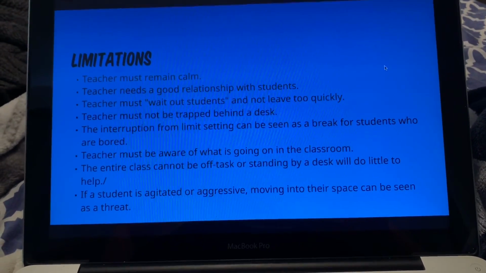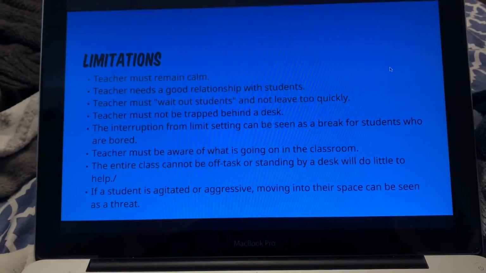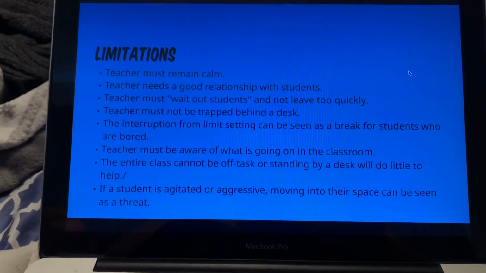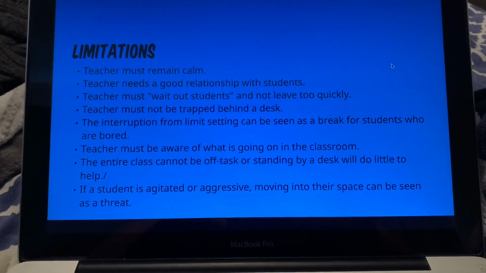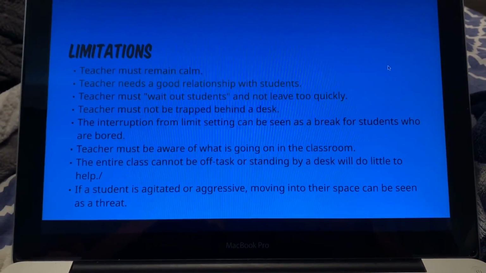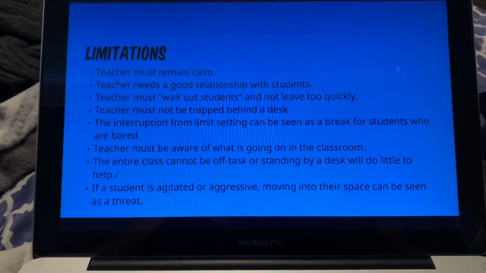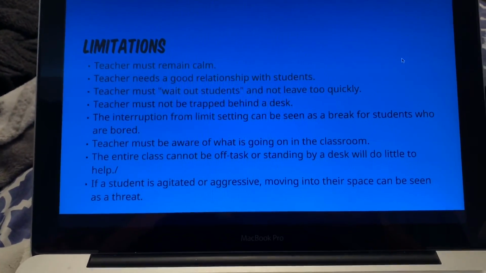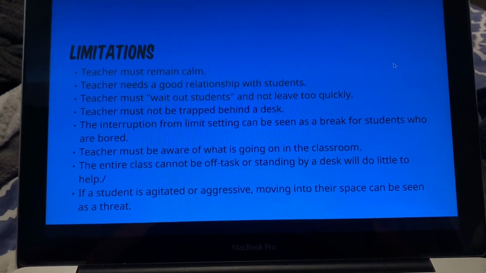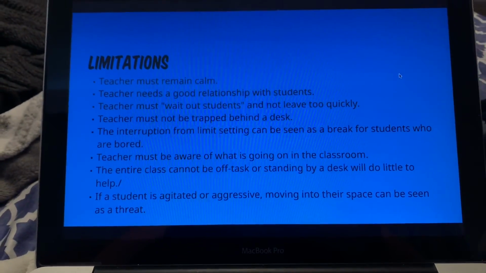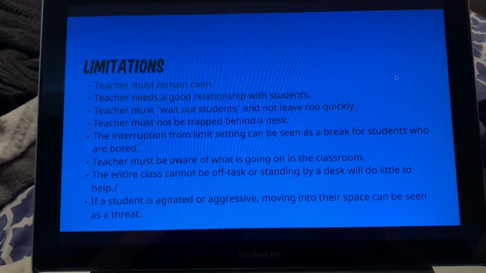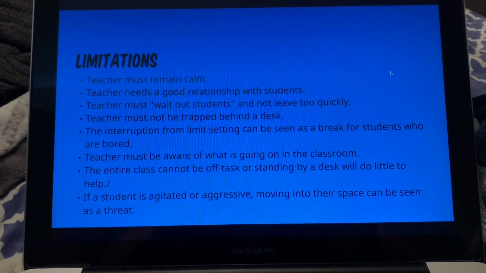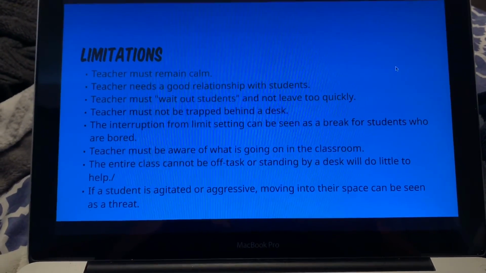If a student is acting out, and the teacher looks at them and then follows through the rest of the 6 steps and leaves too quickly, the student realizes that they just have to wait out the teacher, and then they can go back to goofing off. The teacher can't be trapped behind a desk. That's another important part about walkways, so that the teacher can get into each student's space quickly, so that this will work.